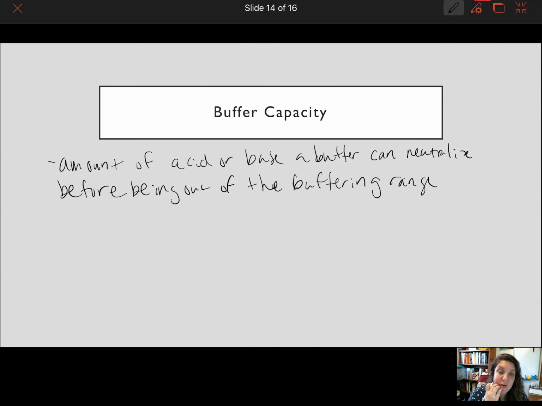Generally, we don't actually do anything to calculate the buffer capacity, but what we can do is increase our buffering capacity.